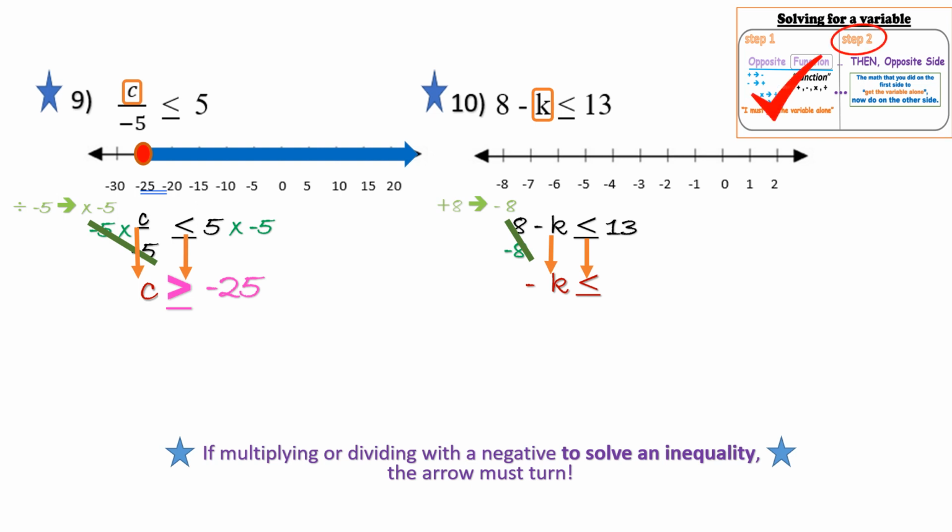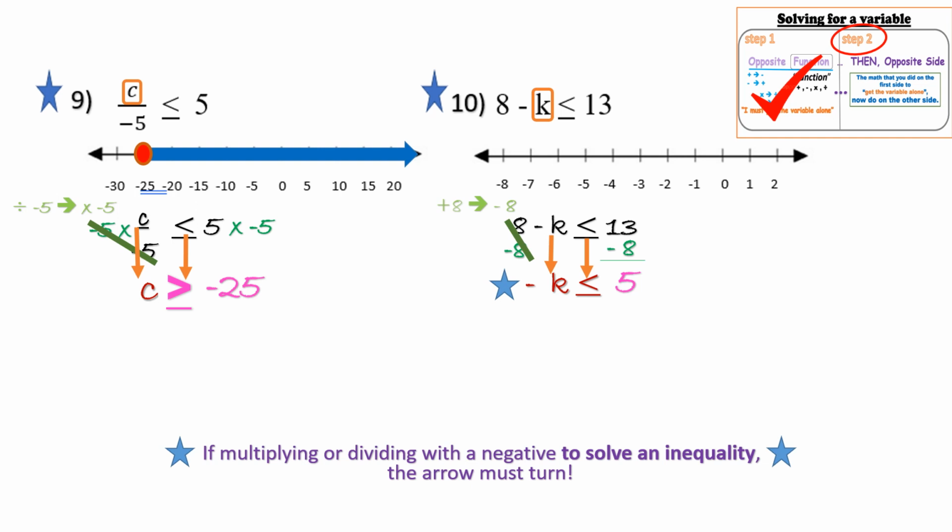Now, when we start getting into step 2, I go to the opposite side, and I'm going to subtract by 8. That doesn't really change anything because 13 minus 8 is just 5. Notice I've got a negative k. So one of the rules is I can never have a negative variable.